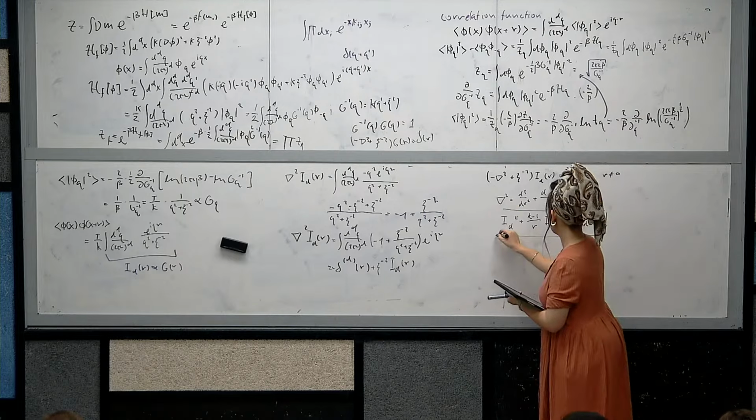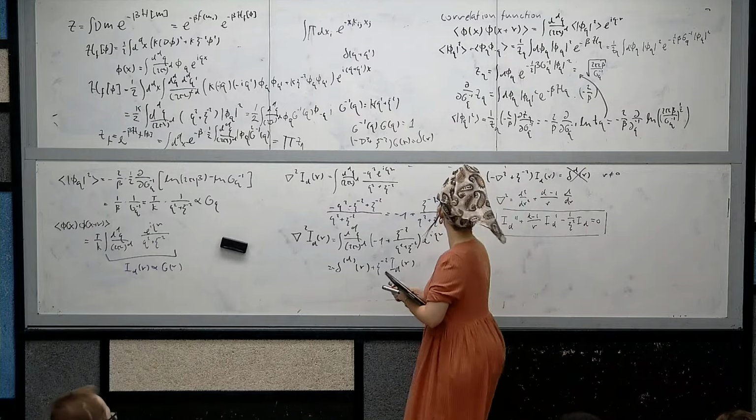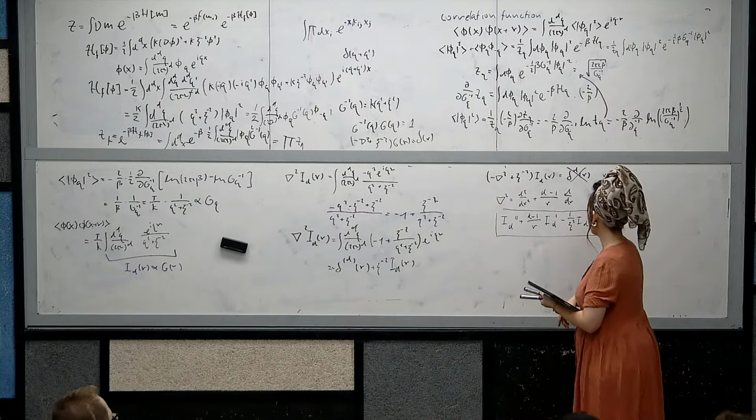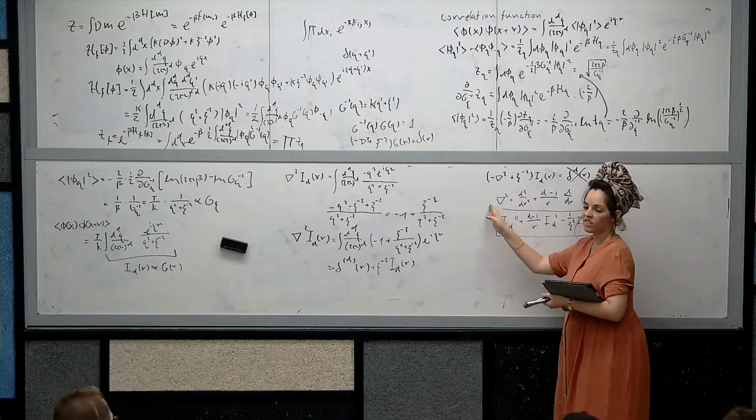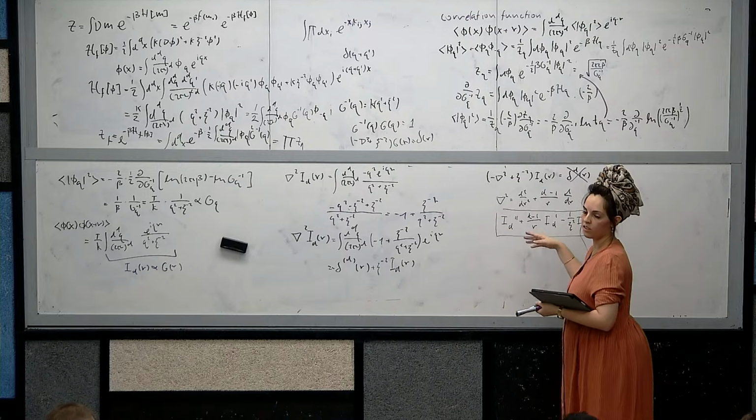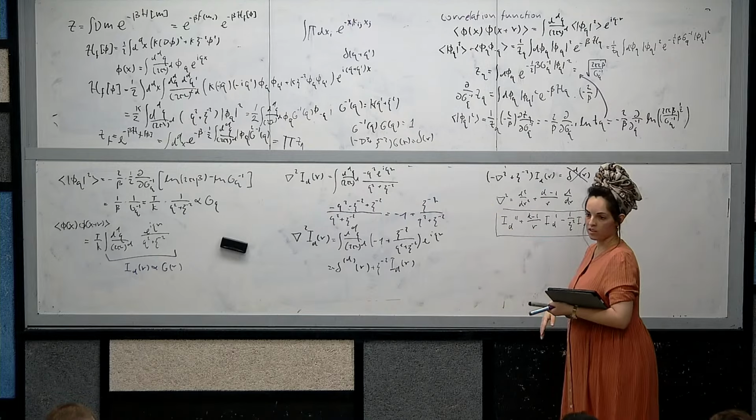What's the d minus 1? It's this operator in the dimension. Oh, the d there is the dimension. Yeah.